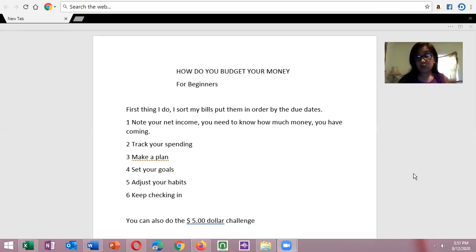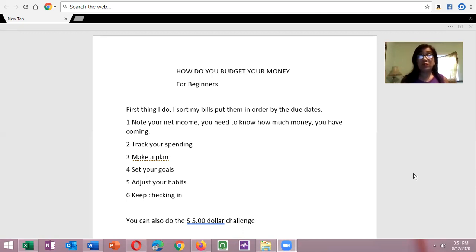If you're a high-tech person, you might want to put it in Excel or other applications, or do it like this. That's up to you. Okay, so after I sort my bills, I basically know my net income minus the bills.